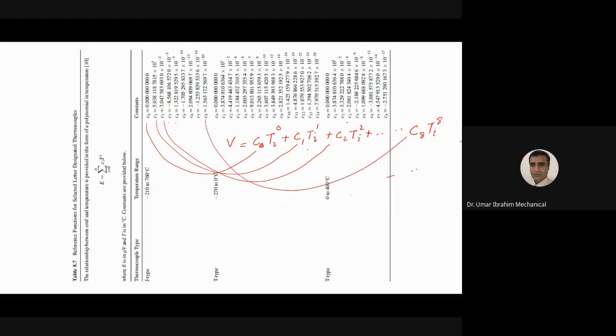Now you will have the voltage output. Let's suppose it comes out to be 0.35 volt. And then you will have to solve this equation to find the value of Ti.